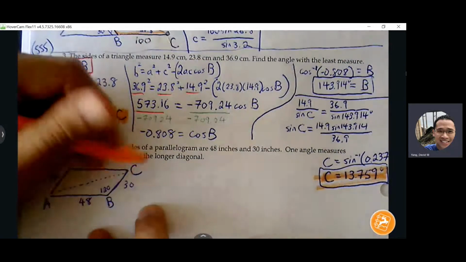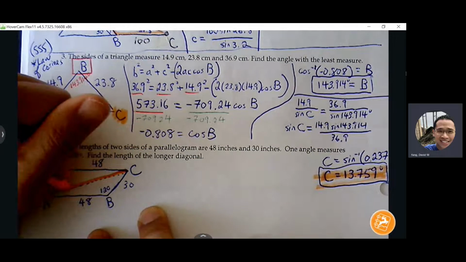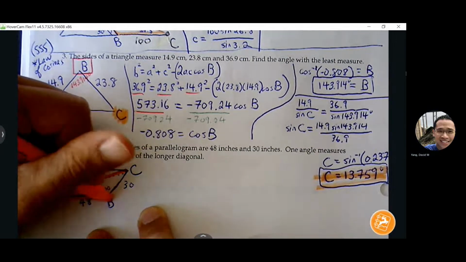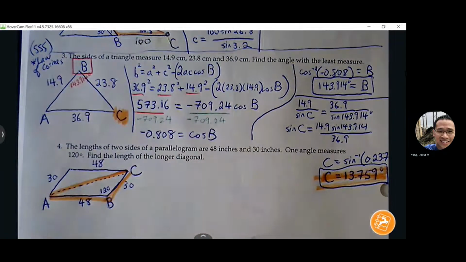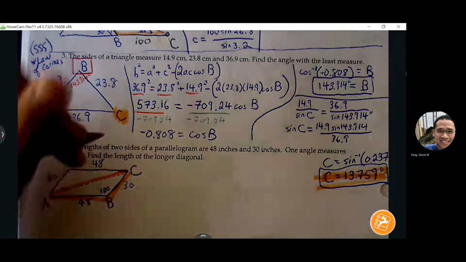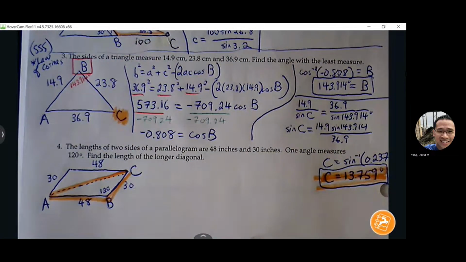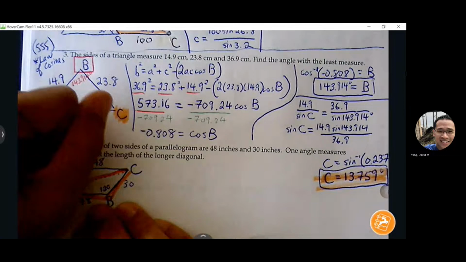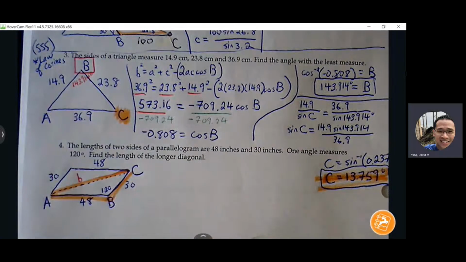So I'm just going to focus on the triangle that's created out of this parallelogram. So if I want to find my missing side, which is the diagonal of this parallelogram, what can I use here?